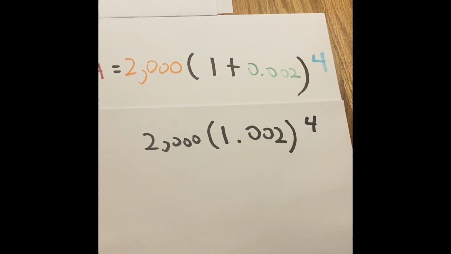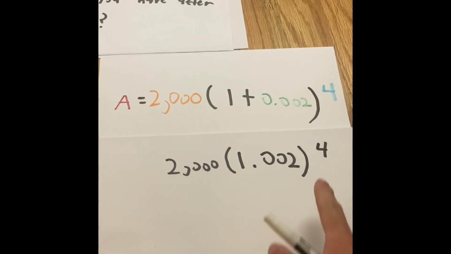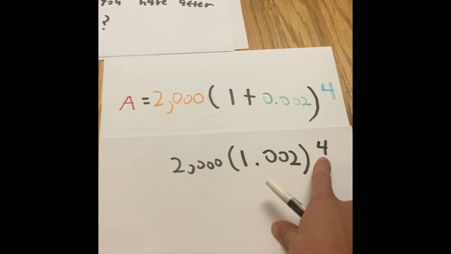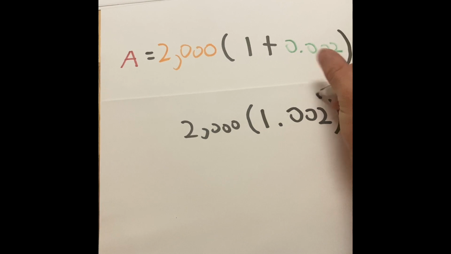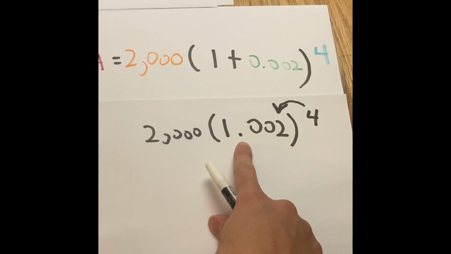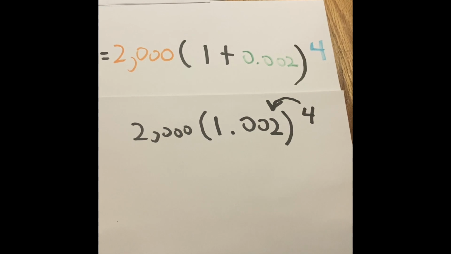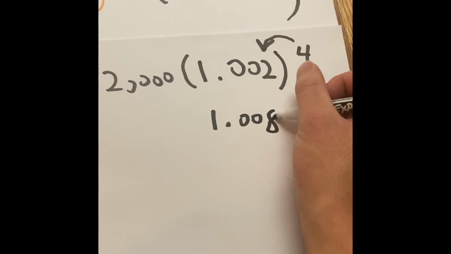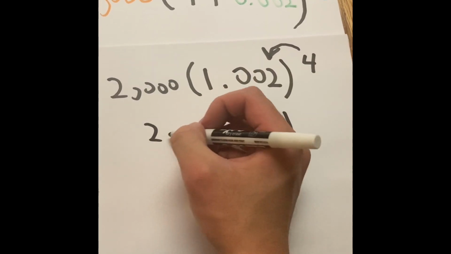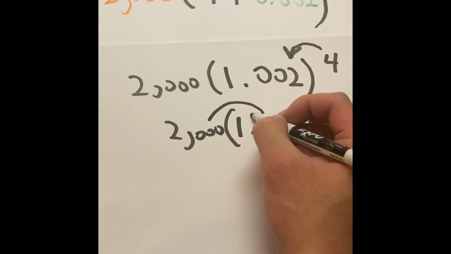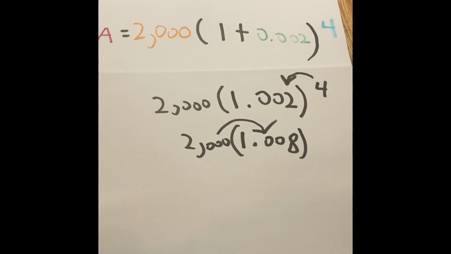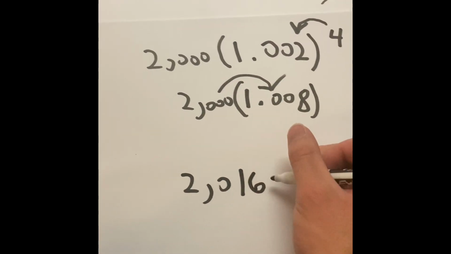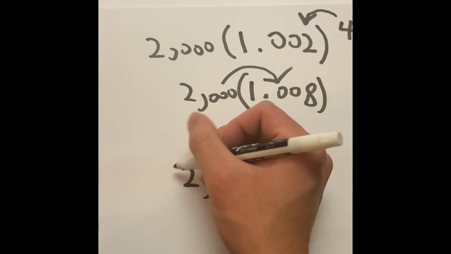The next thing we have to do is use the exponent, because remember, after parentheses, we use exponents. Use a calculator to find the exponent, and we'll get an answer of 1.008. The last step is we have to multiply by 2,000, and when you multiply by 2,000, you get an answer of $2,016.04.